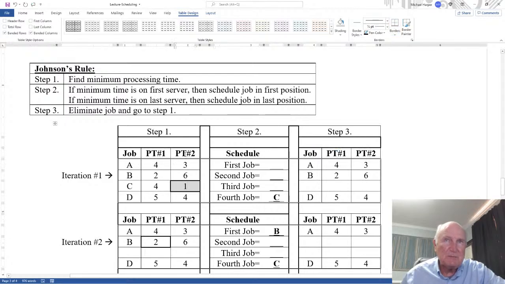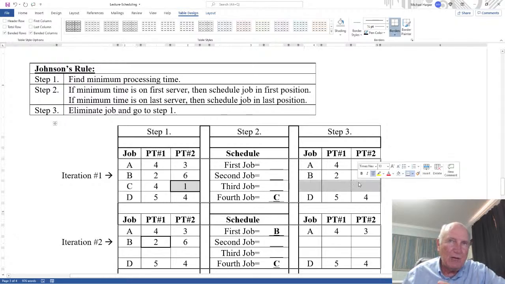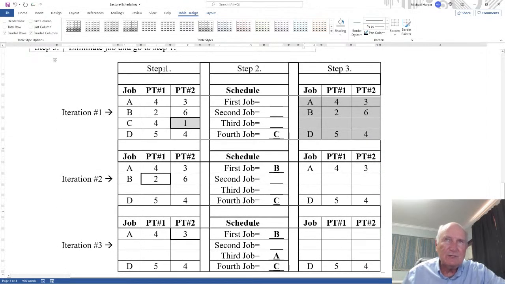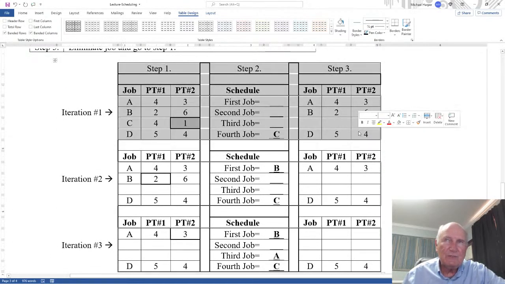But since this minimum time is on the last server, I schedule C in the last available position, the 4th job. So now that's step 2. Step 3, I eliminate C from the problem. I go back to step 1 with the 3 remaining jobs and 6 remaining times, and I do it again. That's the first iteration: step 1, step 2, step 3 of the first iteration.